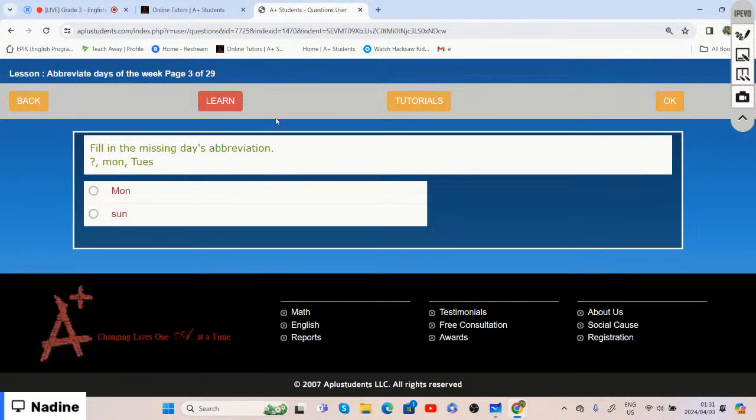Before Monday. We have the missing word, then Monday, Tuesday. What is the day of the week that comes before Monday? Is it Monday or is it Sunday? The day before Monday.